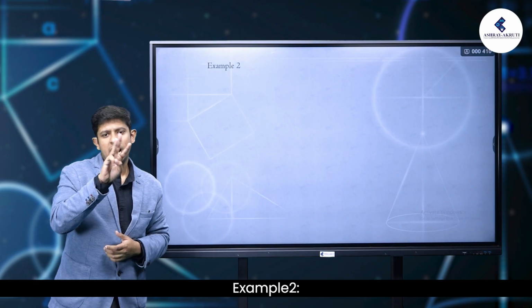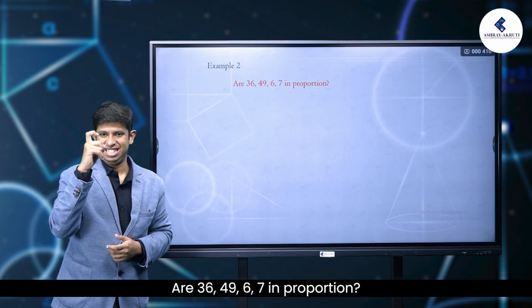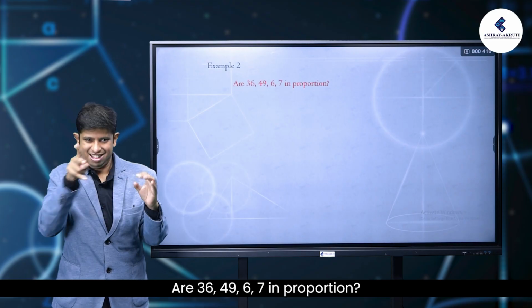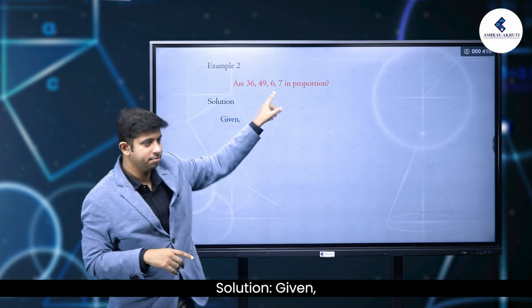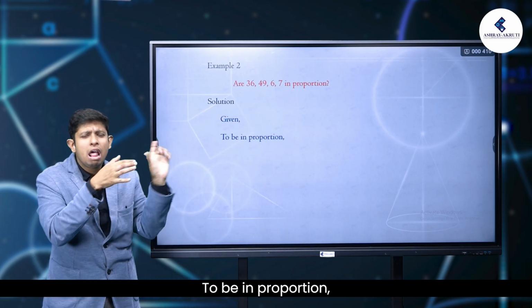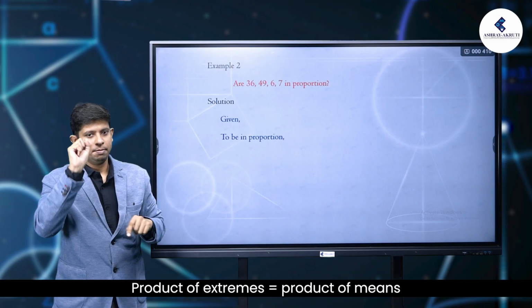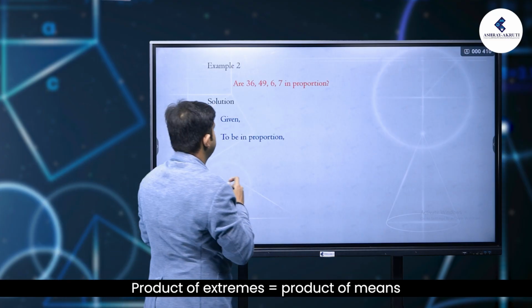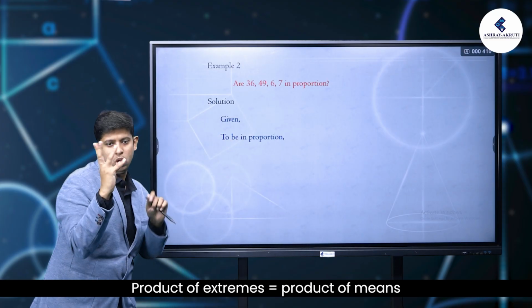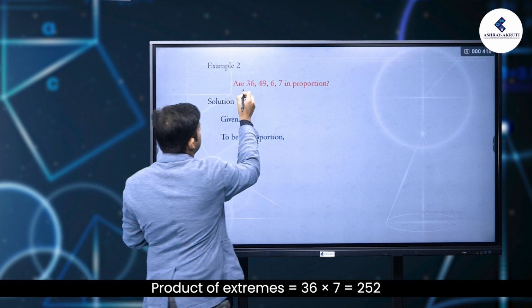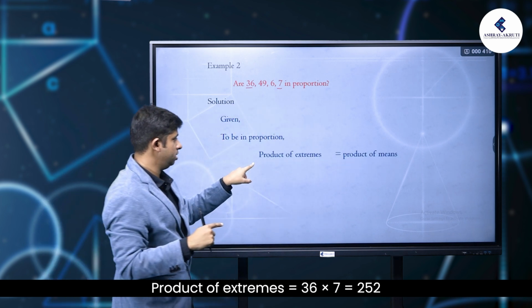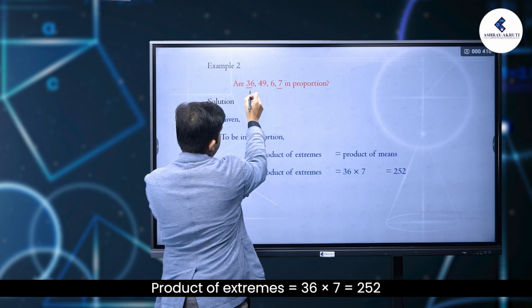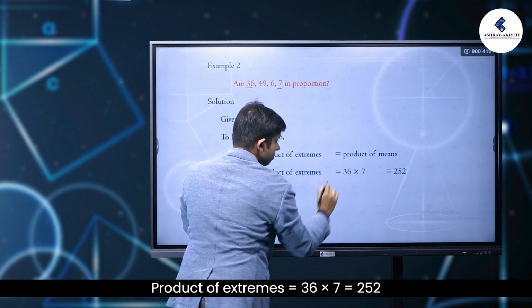Example 2. Are 36, 49, 6, 7 in proportion? Solution. Given. To be in proportion, product of extremes equals product of means. Product of extremes, 36 into 7 is equal to 252.